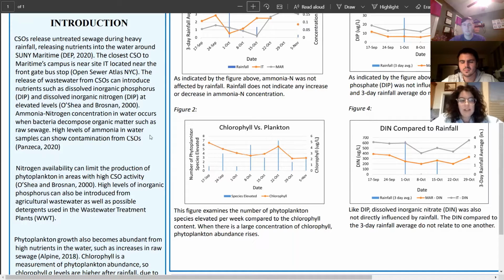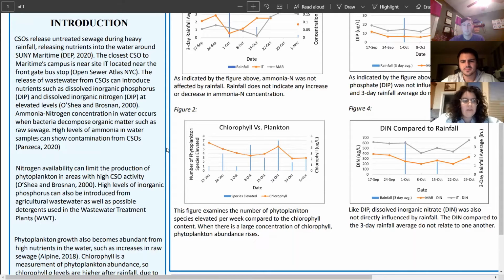Ammonia is a nutrient that is released when organic matter, such as phytoplankton or the inorganic materials released from the CSO, are introduced into the water and start to decompose.